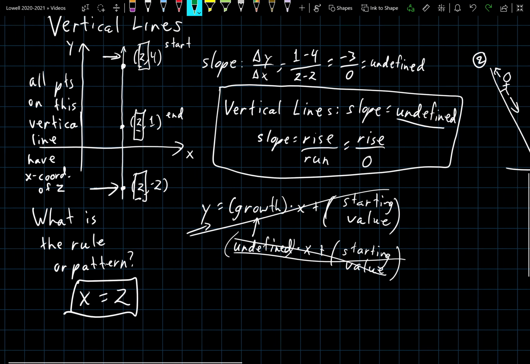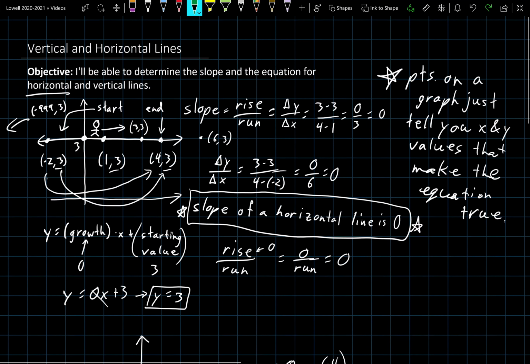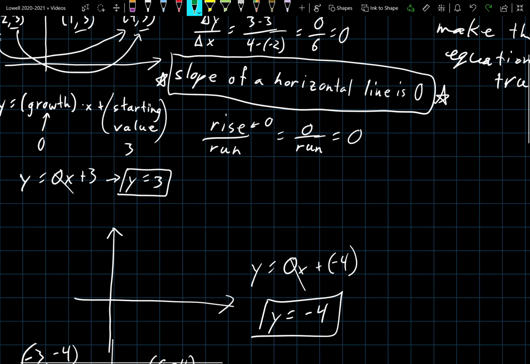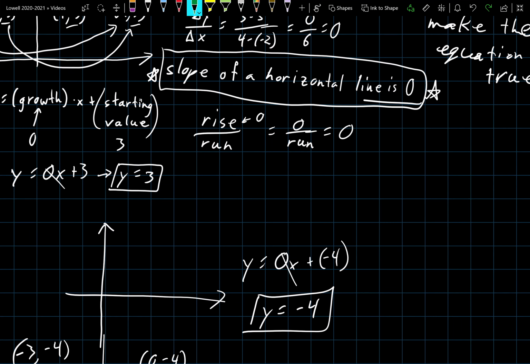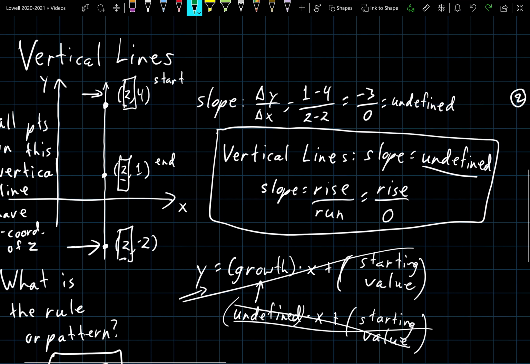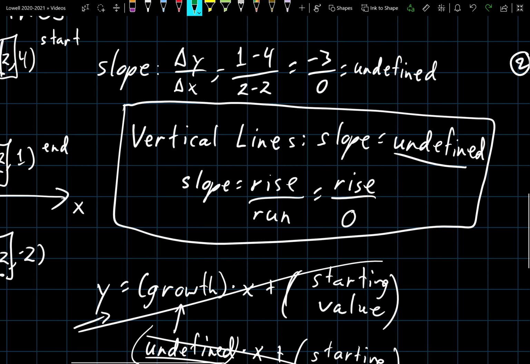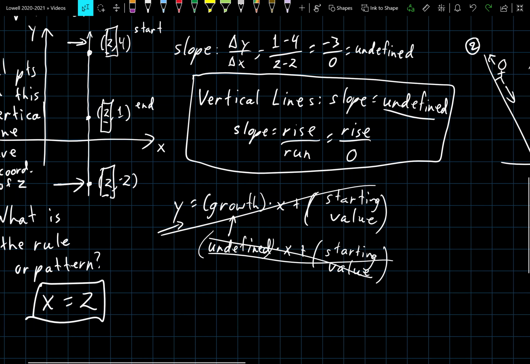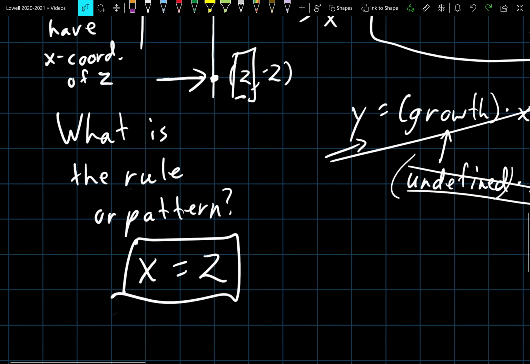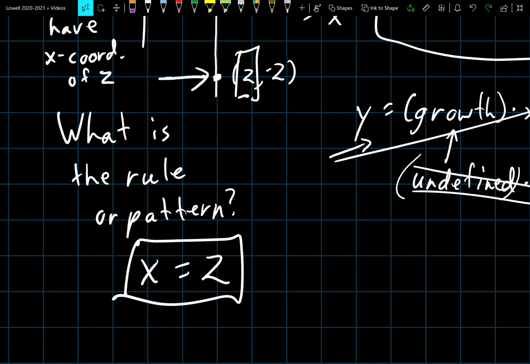So we have here horizontal lines which have a slope of 0, and their equations are always of the form y equals some number. They all have the same y value. Come back to vertical lines. Vertical lines have an undefined slope. It's infinitely steep, you could say. Goes straight up and down. And it has an equation, x equals some number.